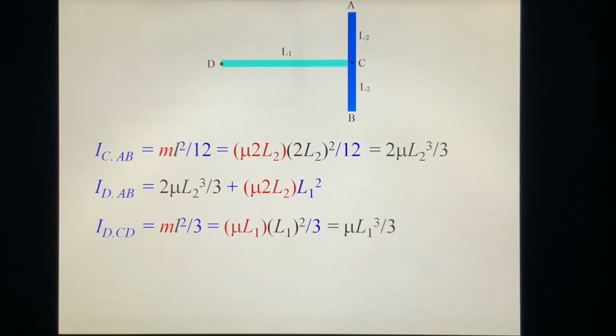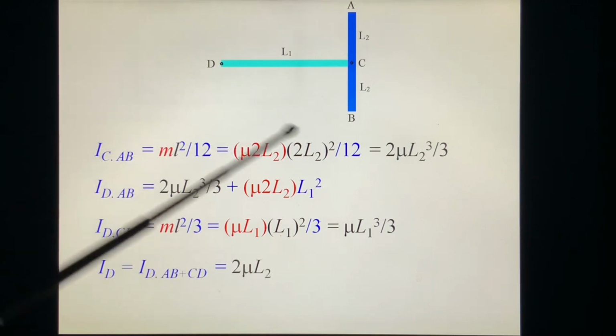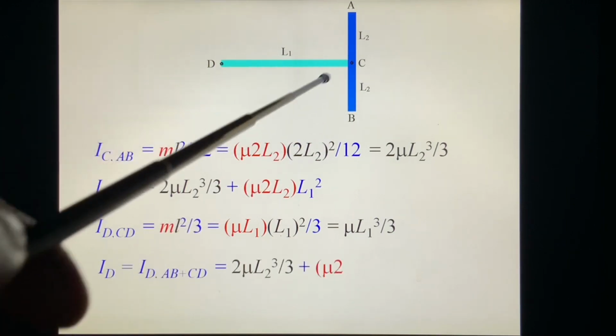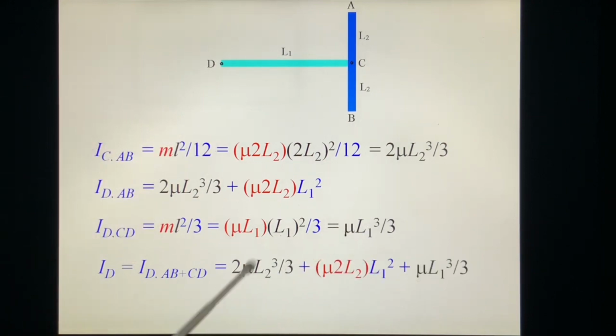Now, the total rotational inertia around D of these two rods is putting them together. This is just simplification, I'm not going to do it.